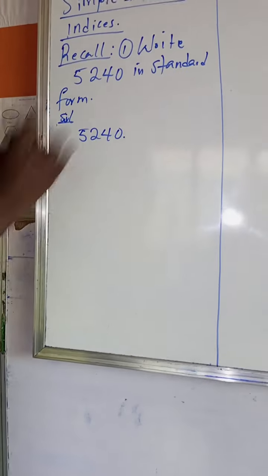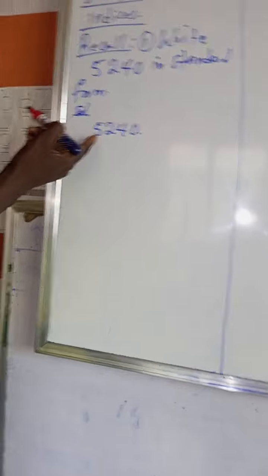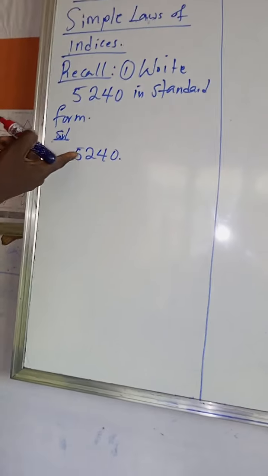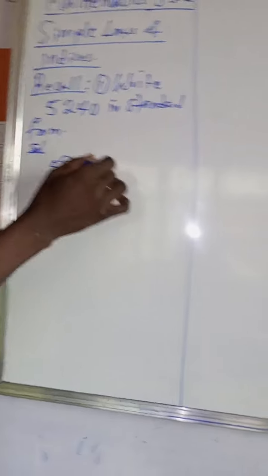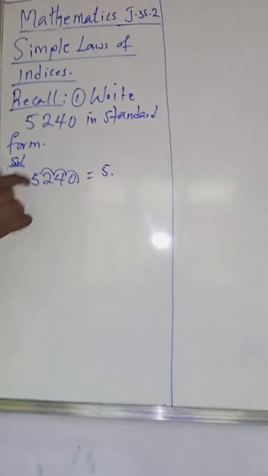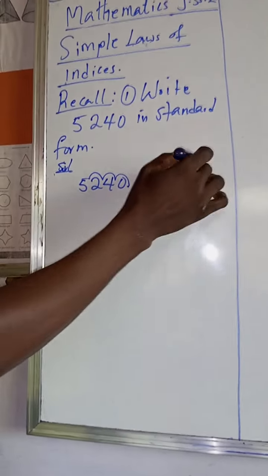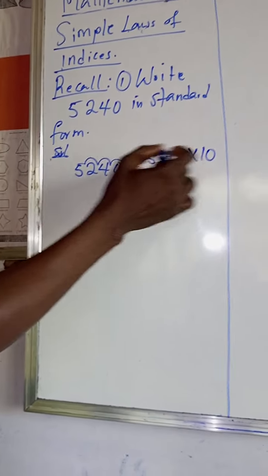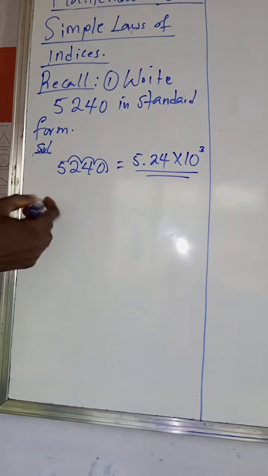We shift the point to behind the first number, shifting 1, 2, 3 times. So it gives us 5.24 times 10 raised to power 3. The 3 is positive since you are shifting towards the left side.